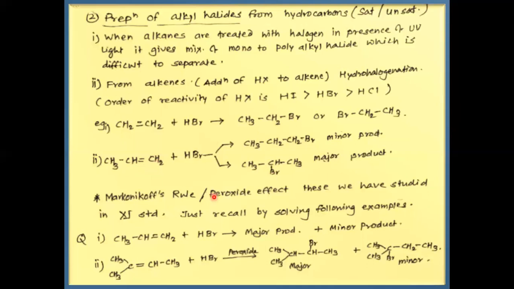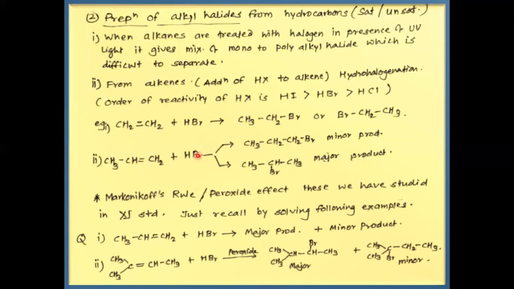Again, we have also seen the peroxide effect. So what is the peroxide effect? If this reaction takes place in presence of peroxide, sodium peroxide, hydrogen peroxide, benzoyl peroxide, any peroxide, then the reaction takes place with the anti-Markovnikov rule. That is, the negative part of the reagent will go to that carbon across the double bond which carries more hydrogens.